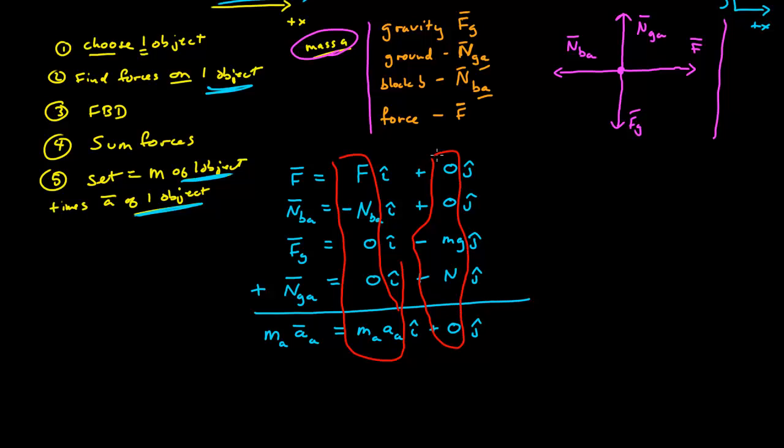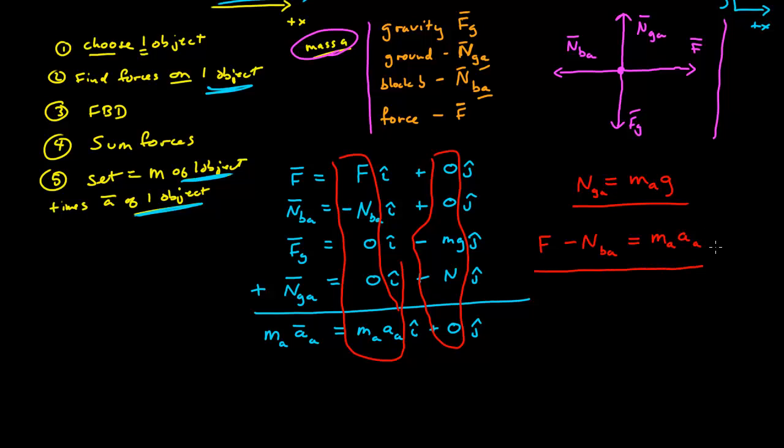By looking at the components of the vectors, in the y direction, we essentially have that the normal force of the ground on A is equal to mass of A times g. And then in the second one, we have that this pushing contact force, minus the normal force of B on A, is equal to the mass of A times the acceleration of A.